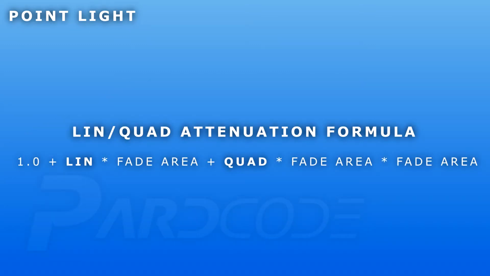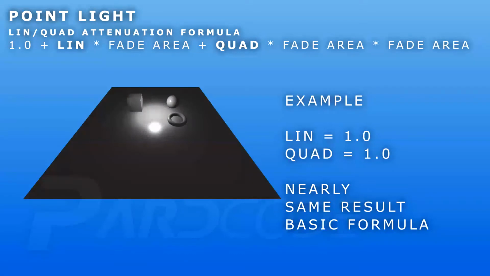Today we will see the formula that mixes the constant, linear, and quadratic functions. This kind of formula provides more control over the light attenuation. Let's see some examples. If we use 1 for all the variables, we get nearly the same attenuation effect of the previous formula.